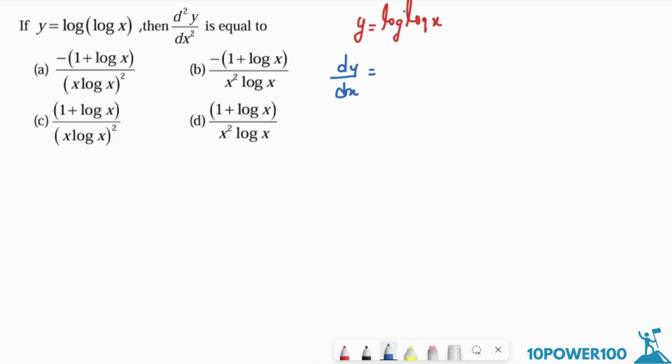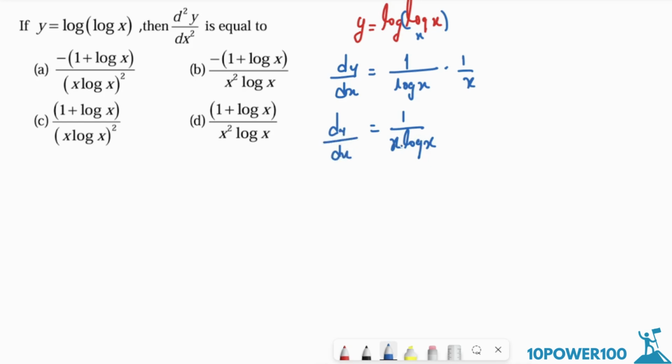Log x differentiation is 1 by x, but in place of x we have log x, so it becomes 1 by log x. And now the differentiation of log x is 1 by x. So we get 1 by x log x for dy by dx.